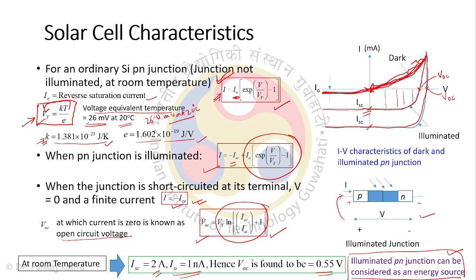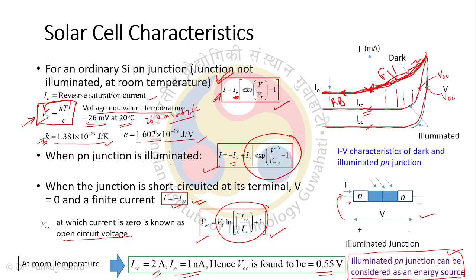In reverse bias, after applying some voltage beyond a limit, an avalanche breakdown will occur, and the current corresponding to that is your I naught, your reverse saturation current. So this is for forward bias, and this is for your reverse bias. Hope you got how this curve has been obtained.